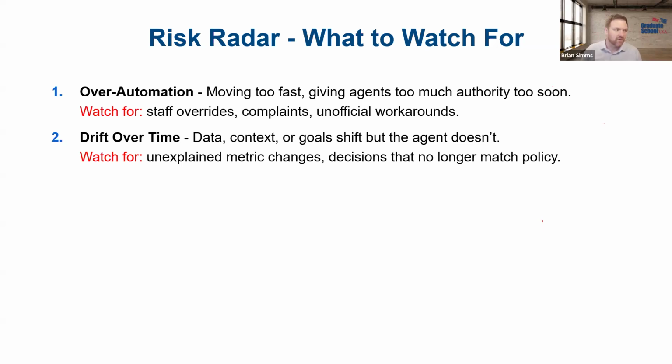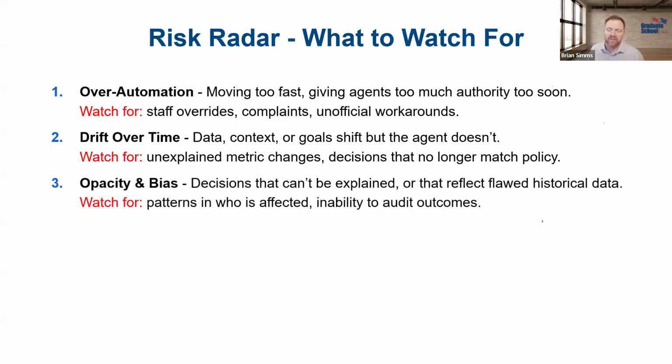So proof positive of why we need to be constantly monitoring these systems, because life happens, times change, and unless you are actively engaged with the maintenance of these agents, the world will move on without them, right? So they need some help.